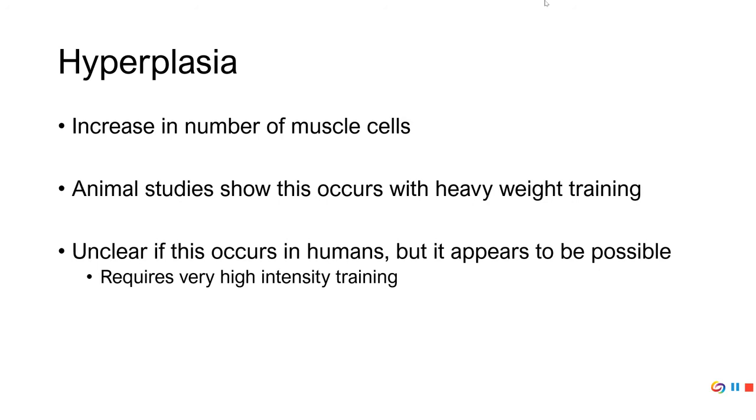But just like with these animal studies, it's going to be very heavy, very intense weight training. Okay, and so if it does occur, yes, it requires a lot of effort just to increase those number of muscle cells, but at the same time, you're still getting a benefit because you're experiencing that fiber hypertrophy.